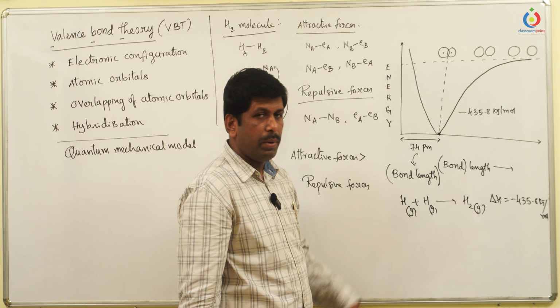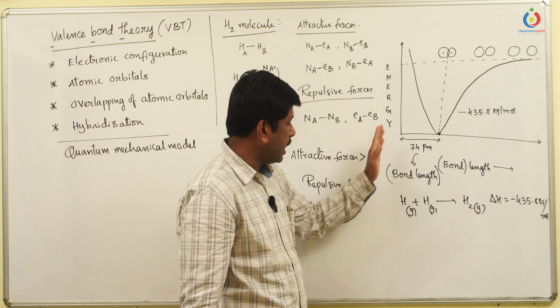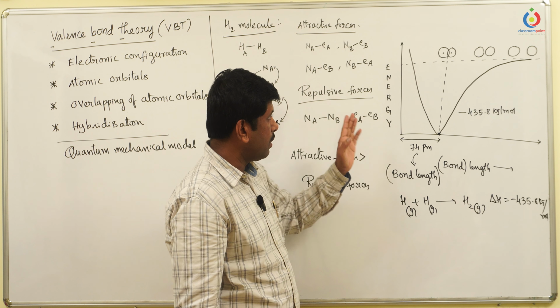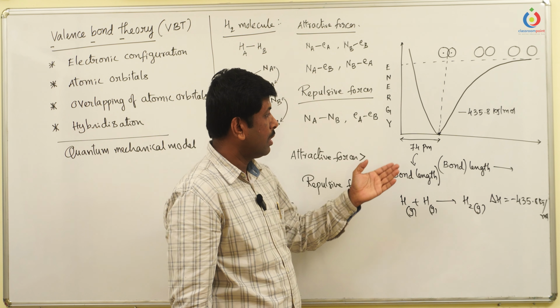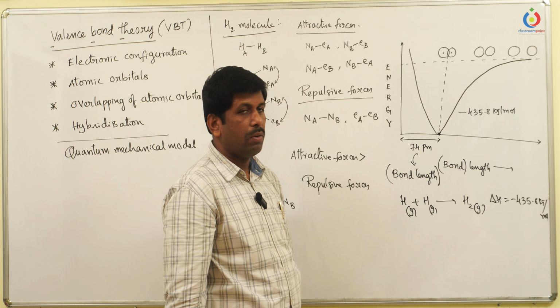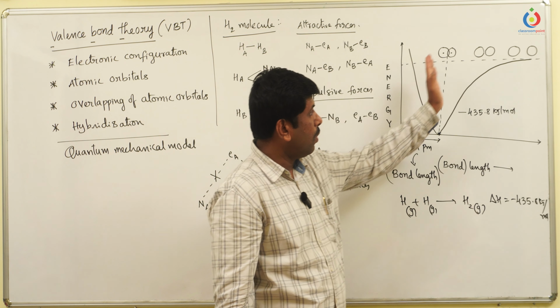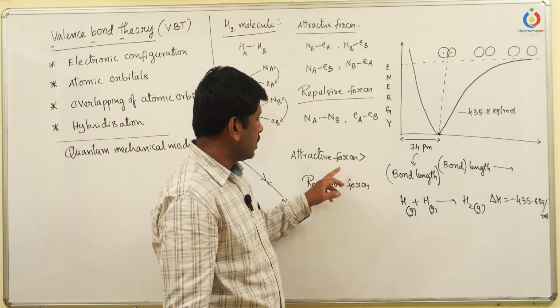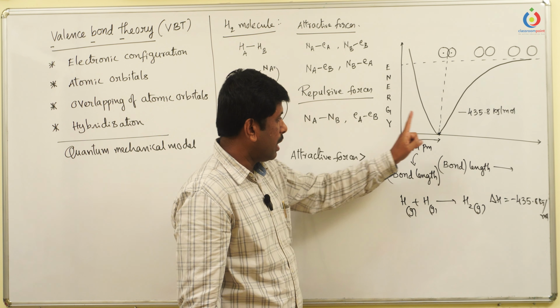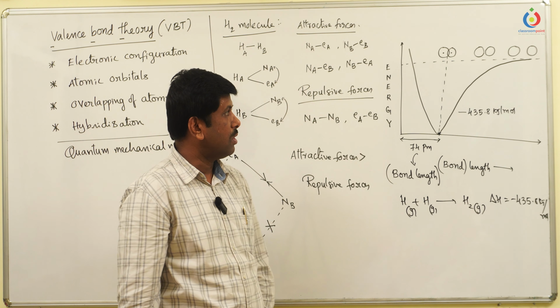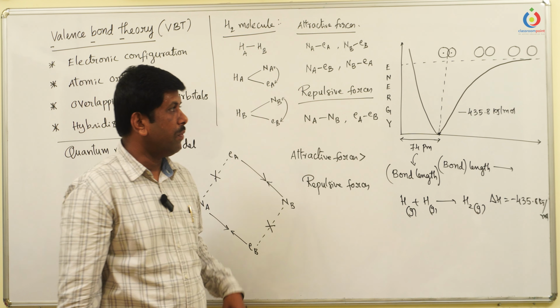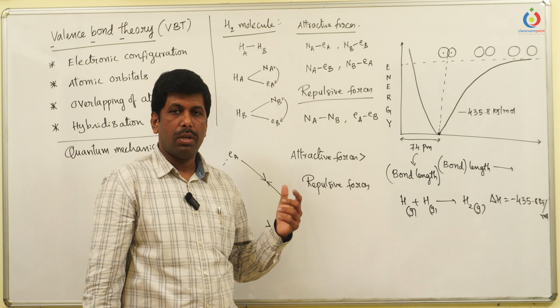After this equilibrium point, if you come to the left side, then repulsive forces between the electrons as well as the nuclei will start operating. That will cause the energy to increase, and on the other side attractive forces dominate the repulsive forces, but exactly at this point attractive forces are equal to the repulsive forces. So in this way we can discuss the formation of a molecule.